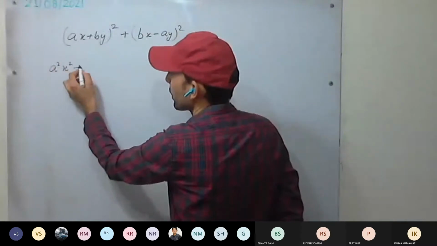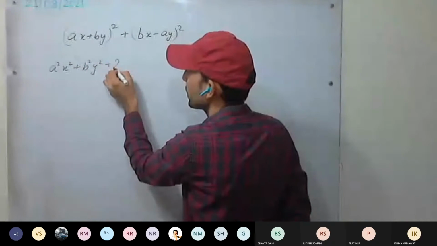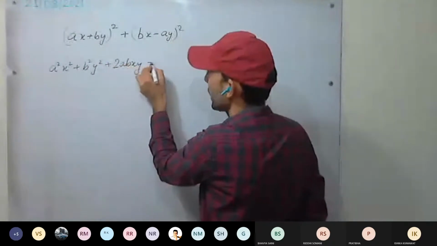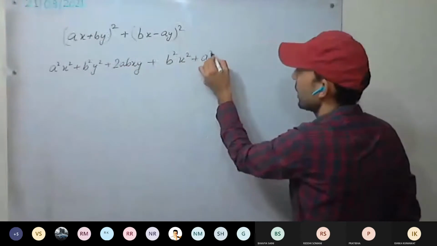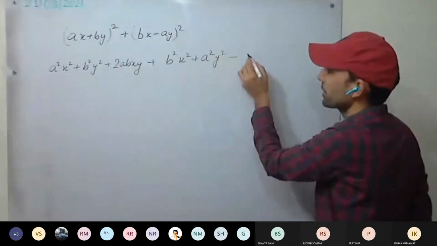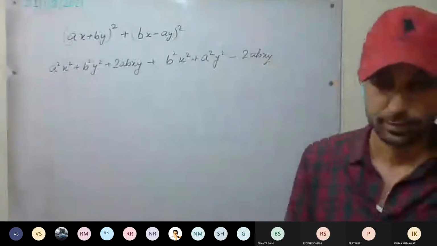A square x square plus b square y square plus 2ab xy plus b square x square plus a square y square minus 2ab xy. So is anything getting cancelled?